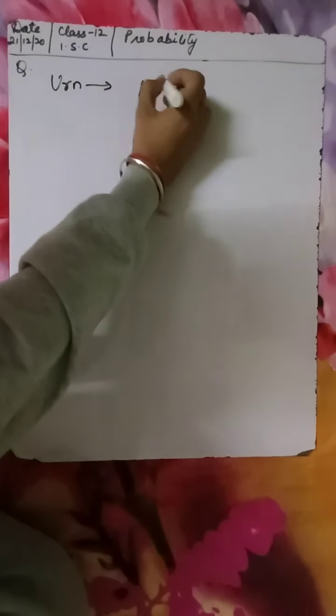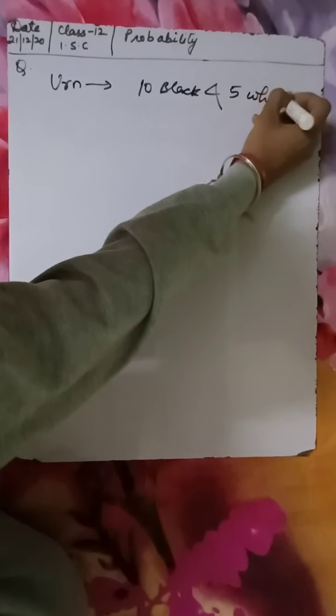Okay, so let's start the question. I'm reading: an urn contains 10 black balls and 5 white balls. So one urn is there, having 10 black and 5 white balls, so total 15 balls are there.